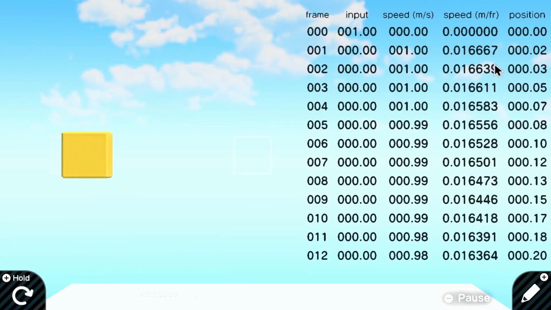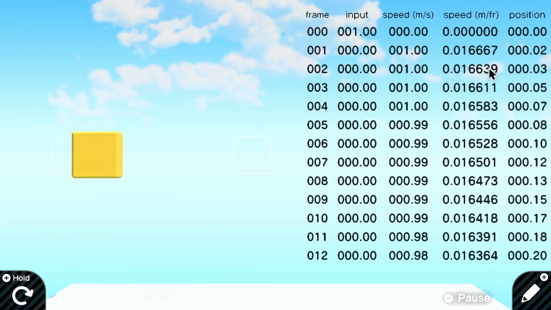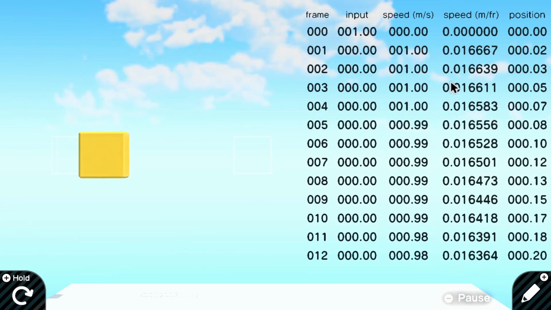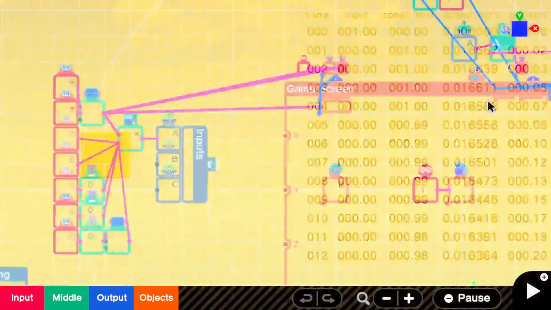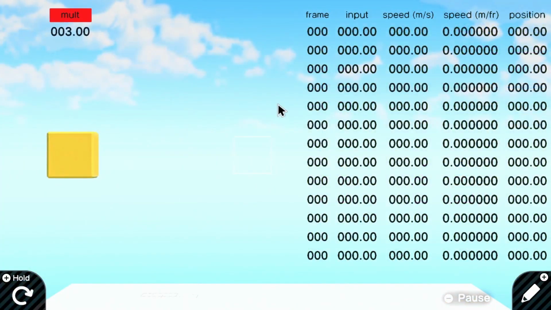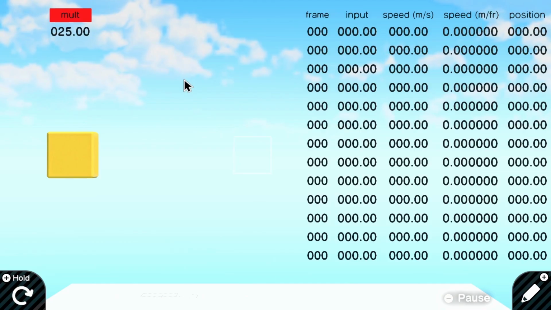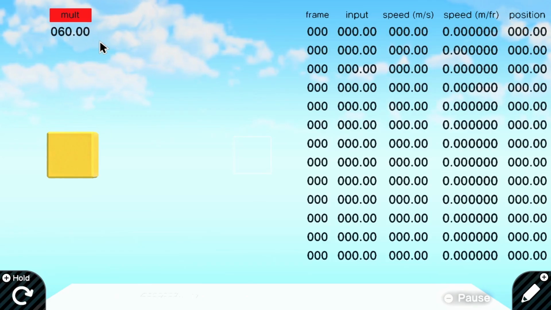How much speed does it actually lose? Well, if you look at these numbers and do the math, you will find an answer there. But to make it much clearer, I will set a different speed so that we can see the exact value. So here I set the multiplier that I'm sending to the input to 60, for reasons you'll understand soon.